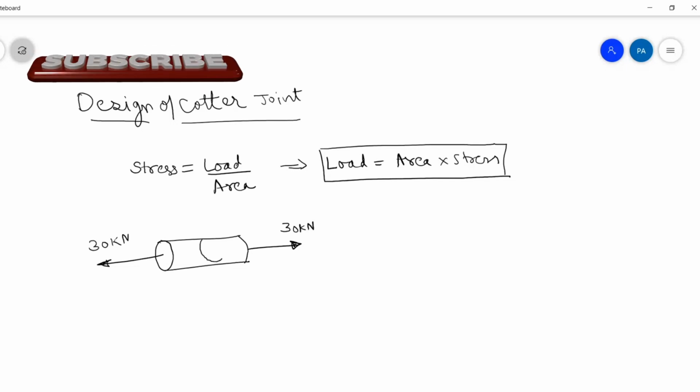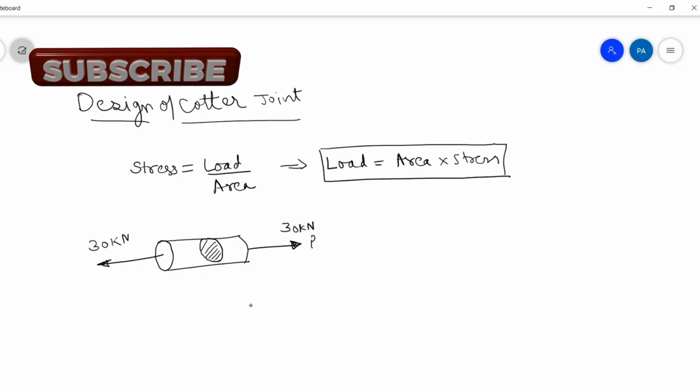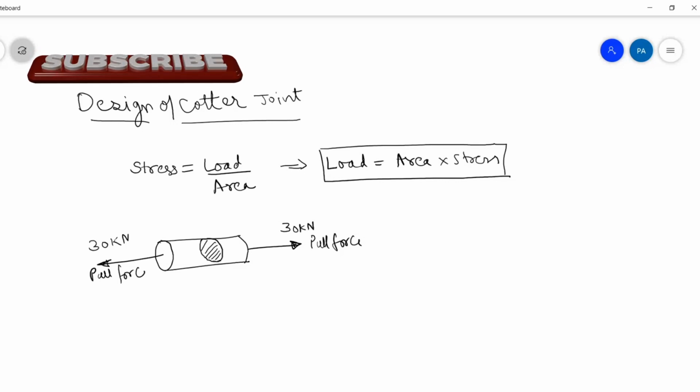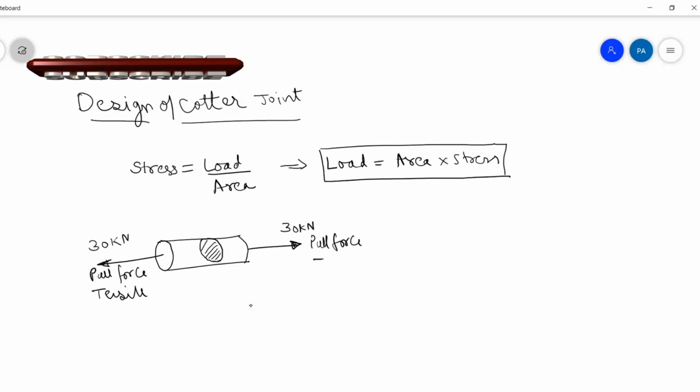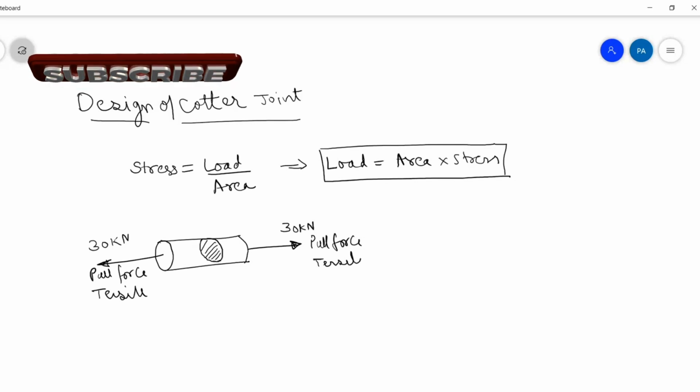This cross section is circular. This is a pull force, this is also a pull force. So I can say this is tensile force and this is also tensile force.